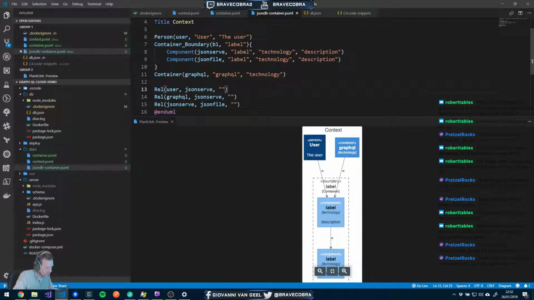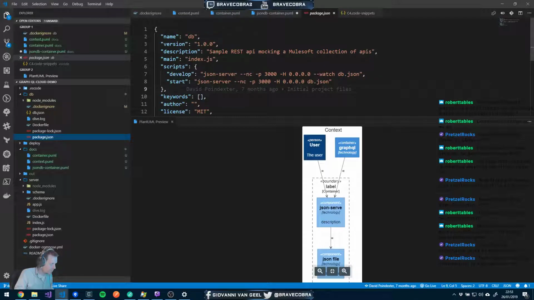What does that look like? Now that looks better, right? So we have the JSON file. This is the JSON server Node.js part, JSON server. Let's use the proper name then.